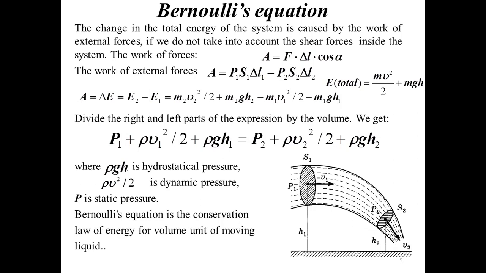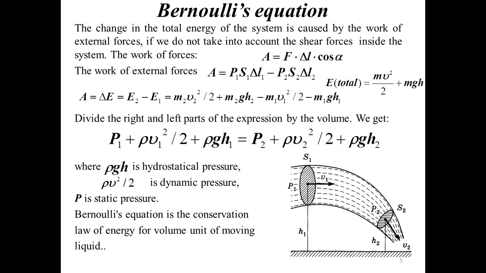So from one side we have work of external forces, and from another we have change of internal energy, which we represent as the difference between kinetic and potential energy in the final state and kinetic and potential energy in the initial state.